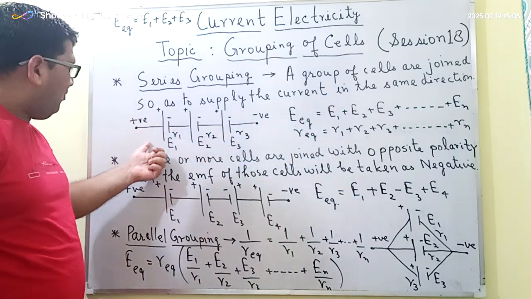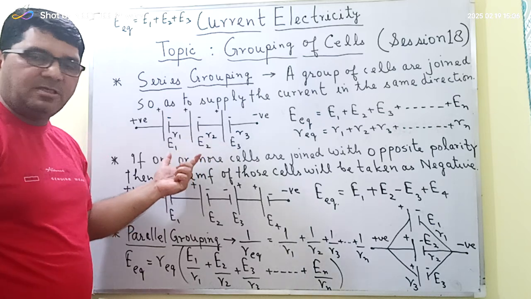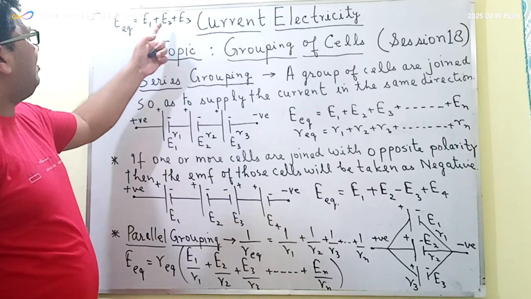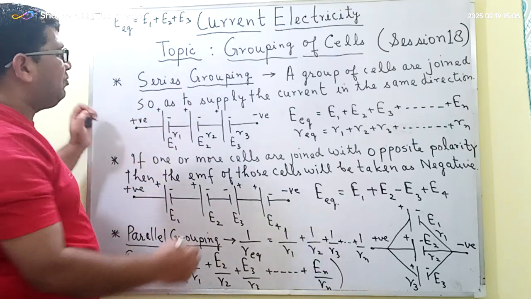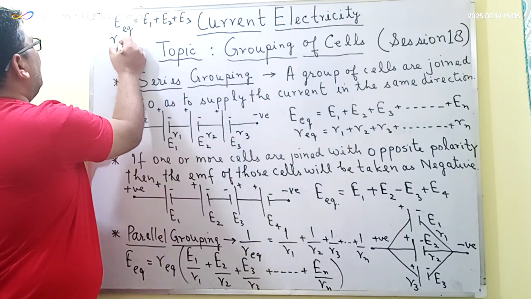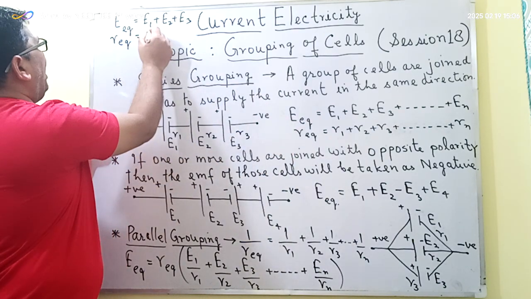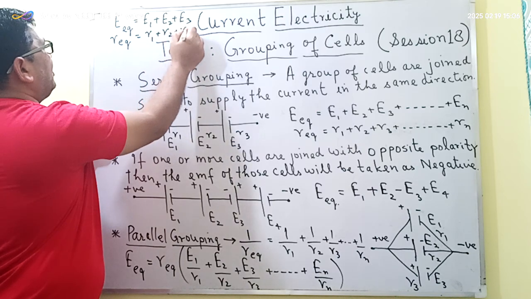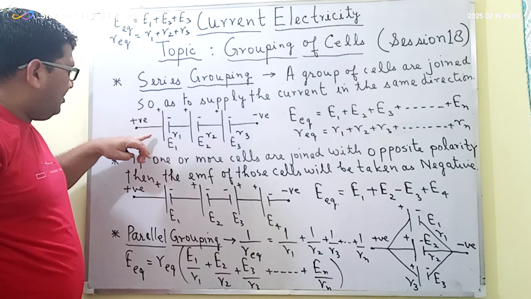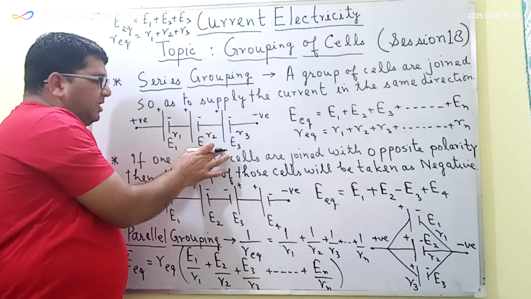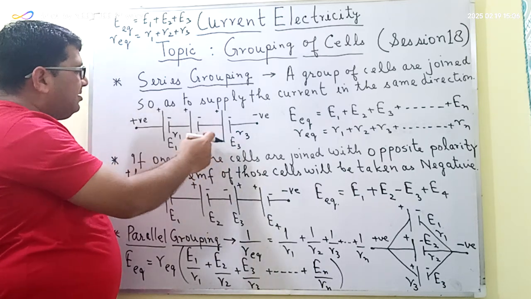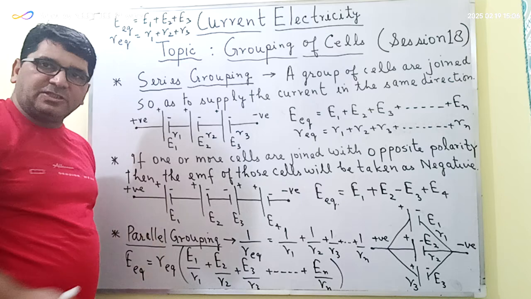So the equivalent EMF of this series combination, in which the cells are connected to each other with the same polarity, will be equal to E1 plus E2 plus E3, and the equivalent internal resistance, that is Req, will be equal to R1 plus R2 plus R3 in this case, that is, in the case in which there are three cells connected to each other in series with the same polarity and having the internal resistance and the EMF as shown in this figure.